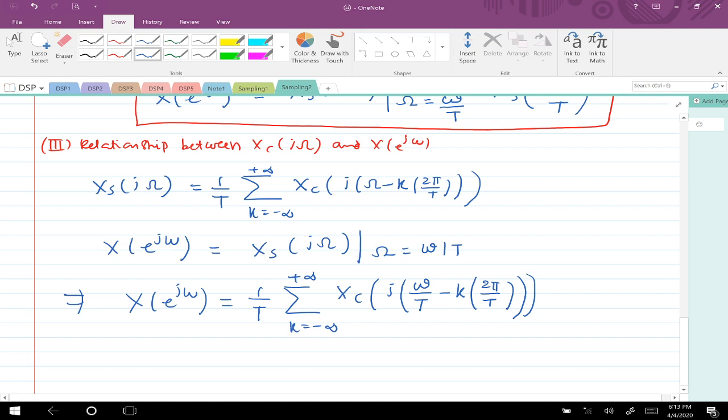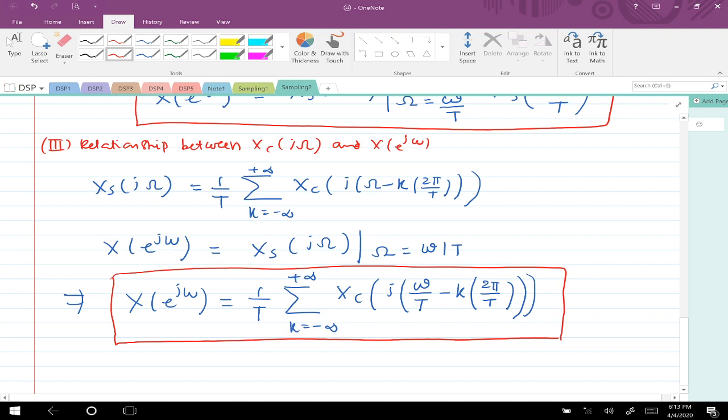That's all. We now have the expression of x of e power j omega in terms of the CTFT of the original continuous time signal.